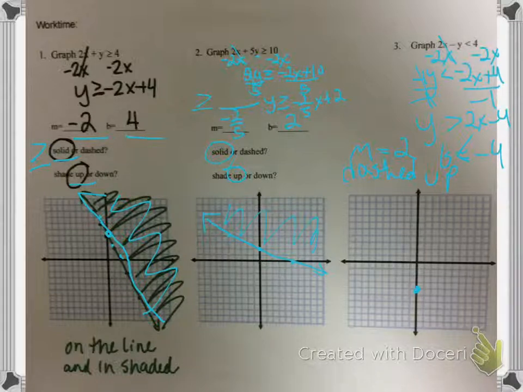Alright, we're going to go up 2 over 1. 2 over 1. Down 2 over 1. And we know it's a dashed line, so I'll draw a dashed line and shade above it. So all my answers are in my shaded region.